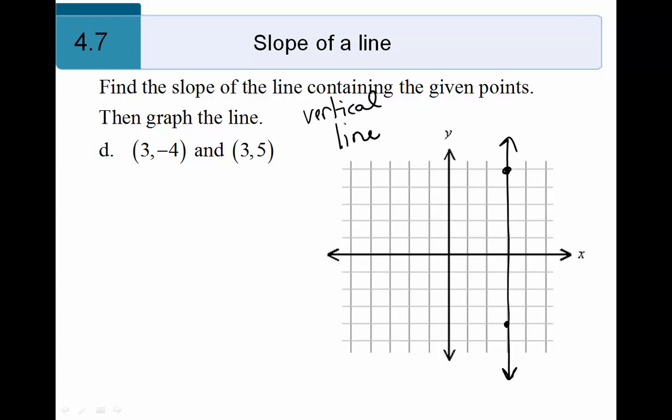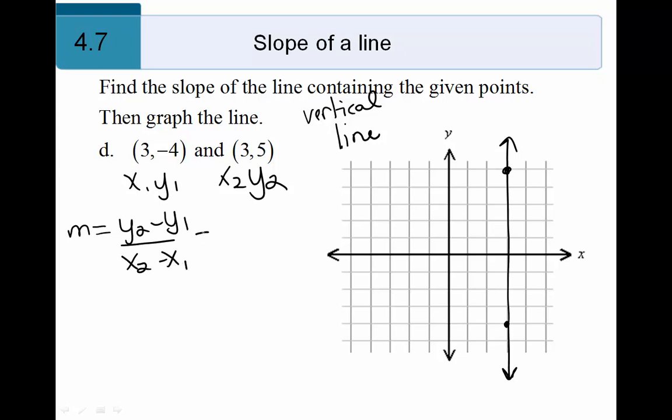Now let's find the slope of this vertical line. So I will have 5 minus negative 4 over 3 minus 3. Well, that will equal 9 divided by 0.